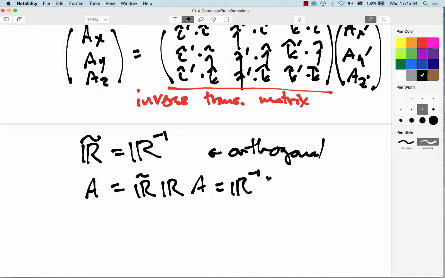Okay, so R inverse times R times A, which is the same thing as the unit matrix times A, which just gives me A. All right. So we can take advantage of this, we'll see, to build up more complicated transformations.